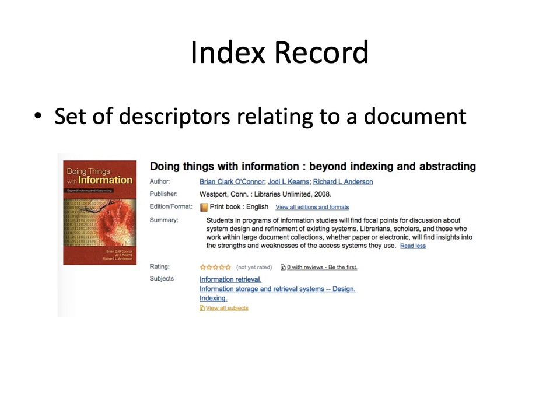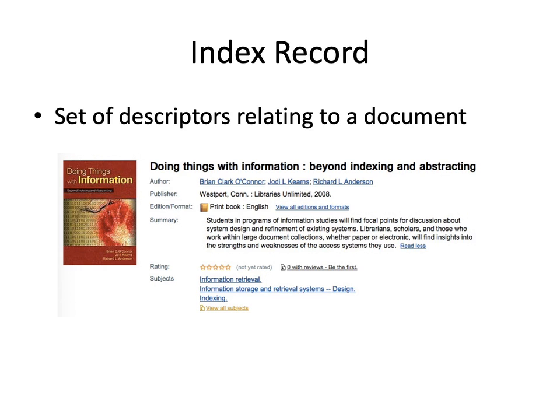if we were to look at WorldCat for their description, their index record of Doing Things with Information, our textbook, we can see that there is not only the title and the authors, but down toward the bottom here, subjects: information retrieval, information storage and retrieval systems design, indexing.